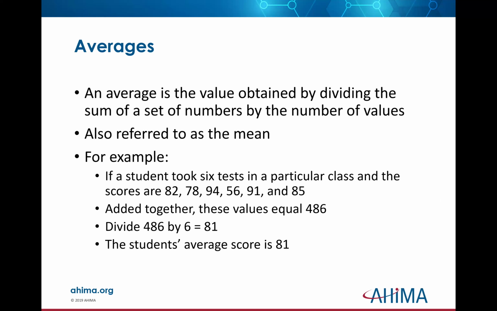So in this case, we have students who take 6 tests in a particular class, and the scores are 82, 78, 94, 56, 91, and 85. When we add these together, they equal 486. 486 divided by 6 is 81. Therefore, the student's average score is 81.